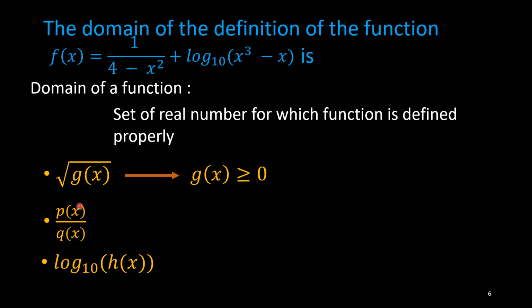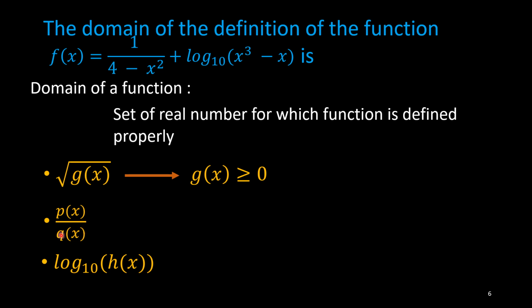Now similarly for this one, a rational function is given in this form, one numerator and one denominator, p of x upon q of x. In that case, if anything is divided by 0, that is not allowed. The outcome could be infinite. So we should eliminate that choice.